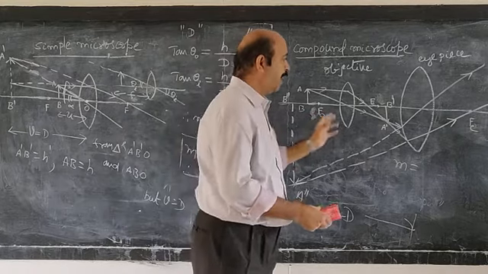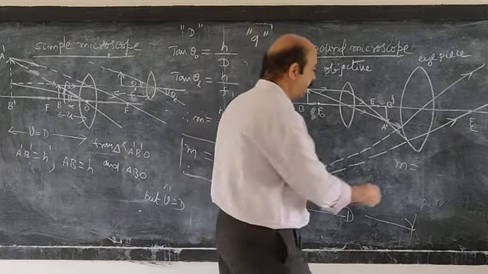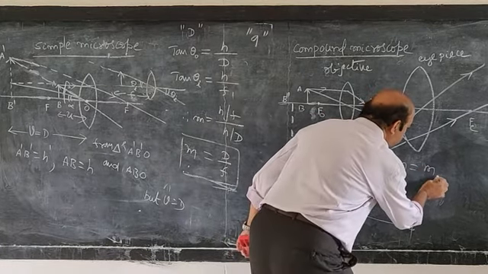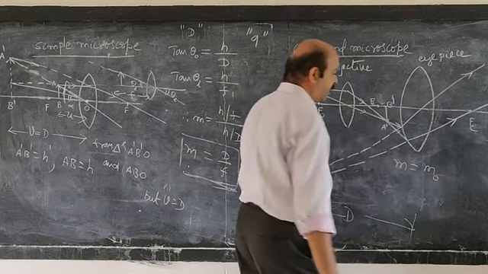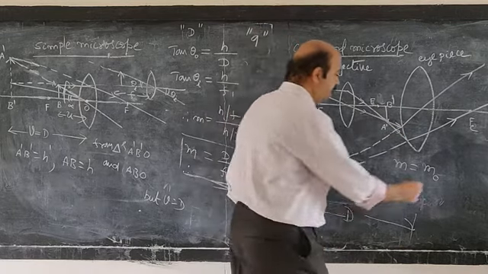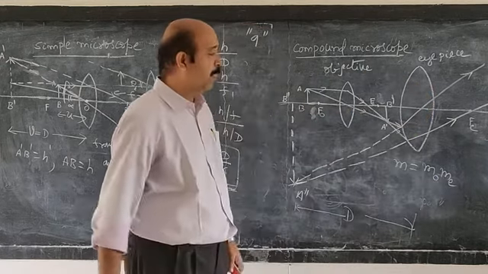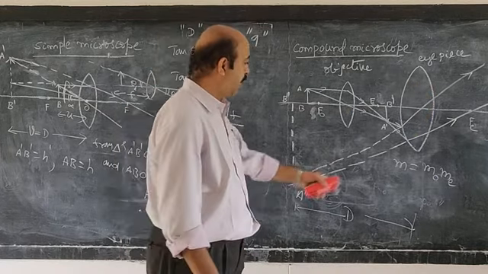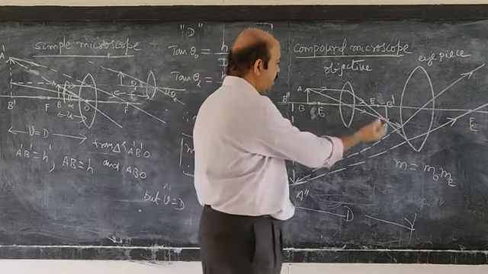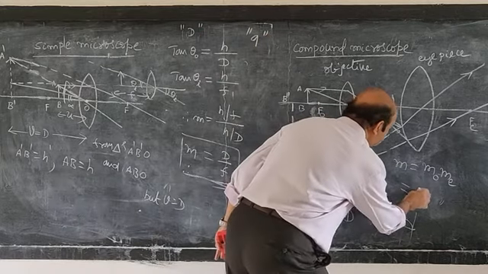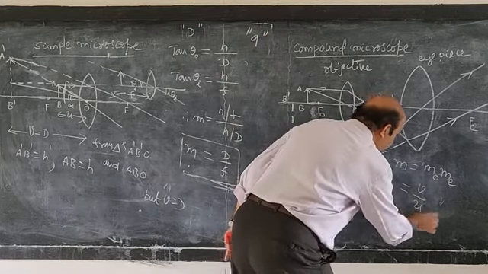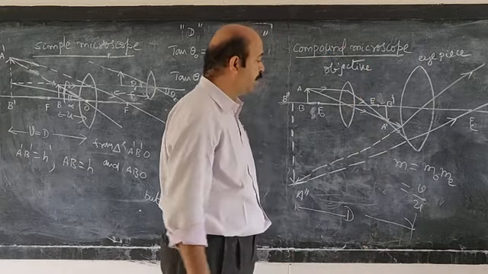Therefore, the magnification of the combined system is the magnification due to the objective lens times the magnification due to the eyepiece. Now, magnification due to the objective is nothing but image distance by object distance. You can write it like this: V by U.